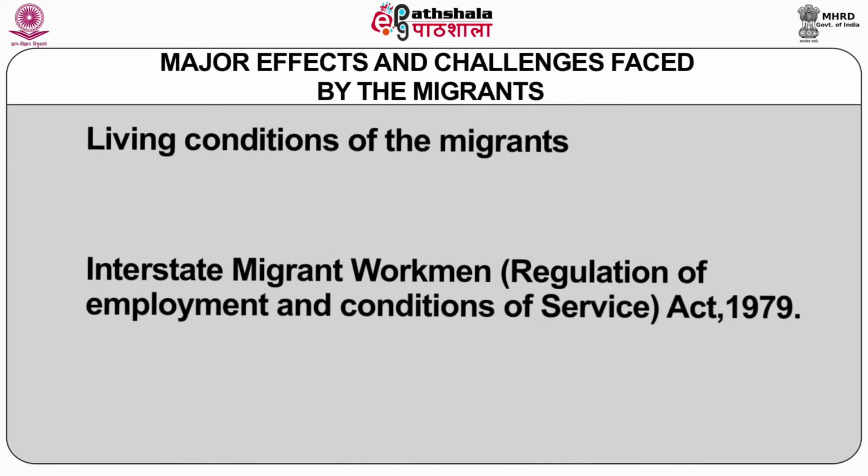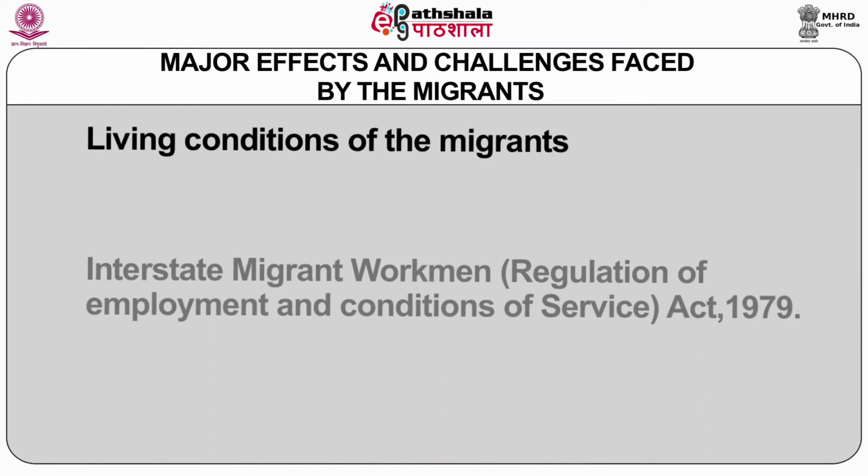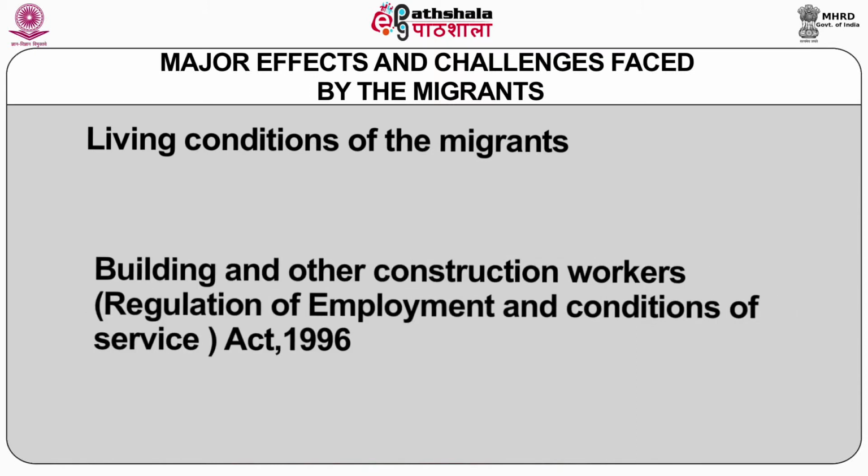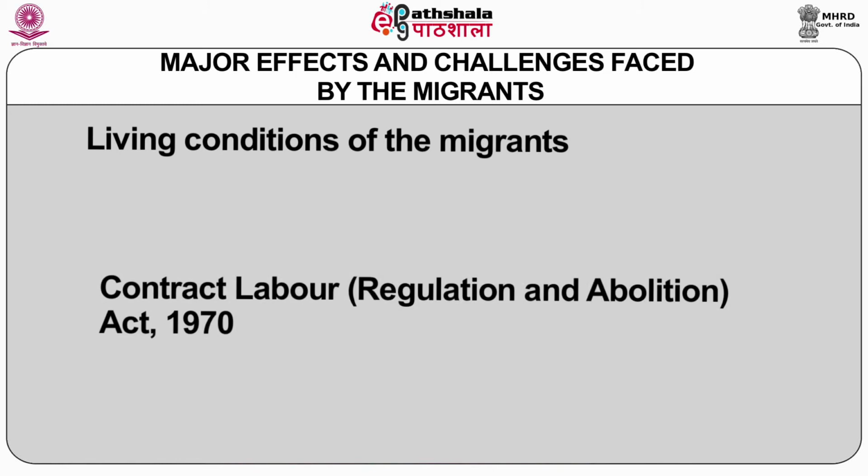The laws that are applicable include the Interstate Migrant Workmen, Regulation of Employment and Conditions of Service Act 1979, the Building and Other Construction Workers, Regulation of Employment and Conditions of Service Act 1996, and the Contract Labor, Regulation and Abolition Act 1970.